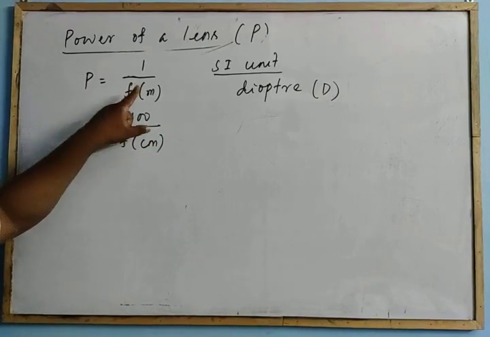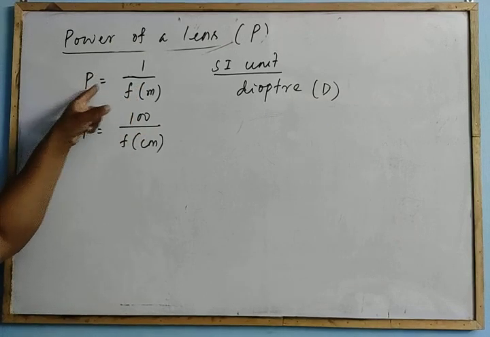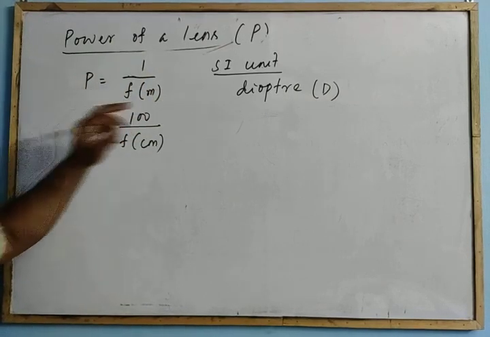Same formula. Remember, if the focal length is given in meters, then the power is 1 by f, in diopters.